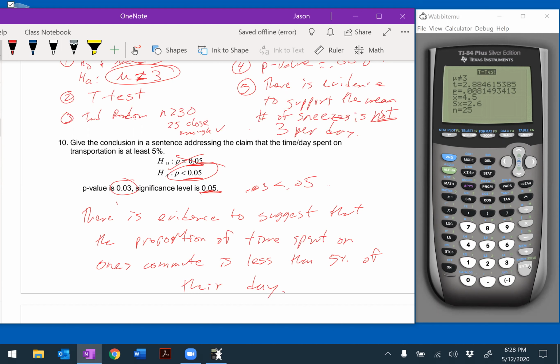Okay. Professor, I thought that when the p-value is less than the significance level, we fail to reject the null.